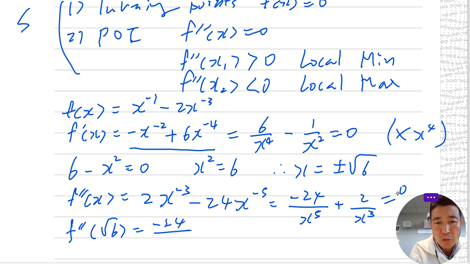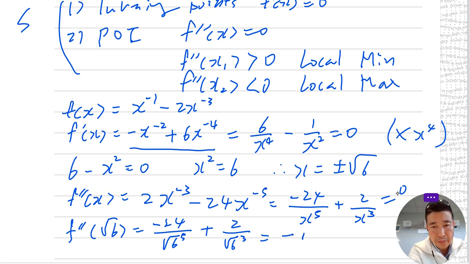Negative 24 over square root of 6 to the power of 5, plus 2 over square root of 6 cubed. I found that is negative 0.14. What did I tell you earlier? If it is negative, that's a local max.